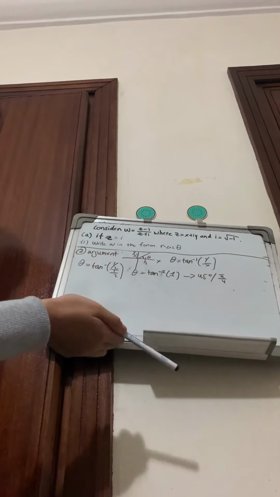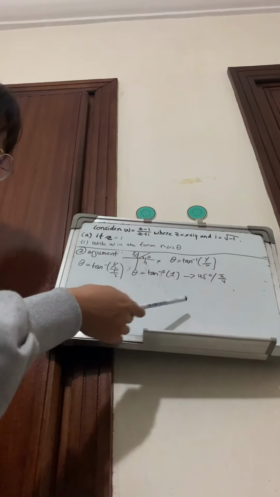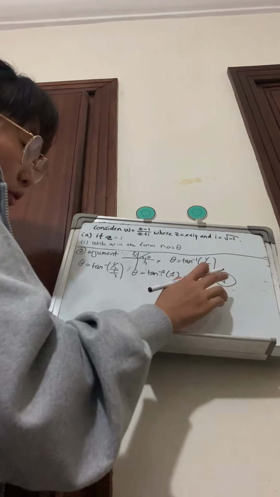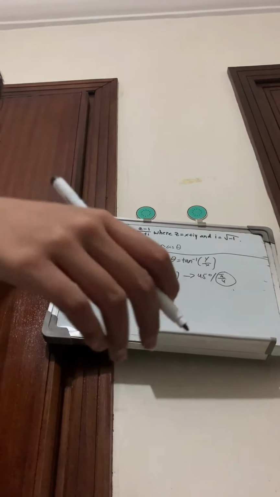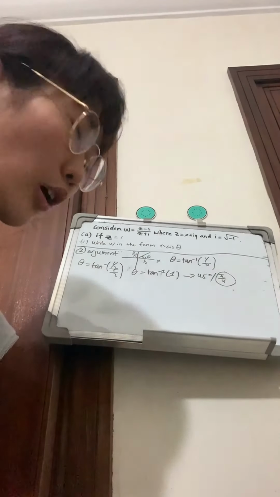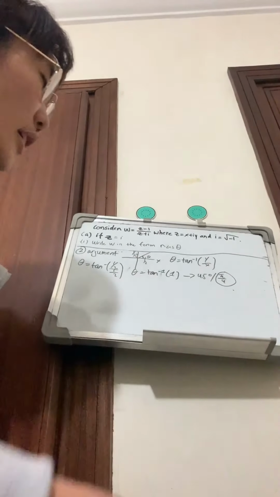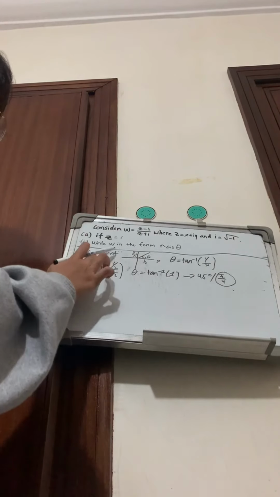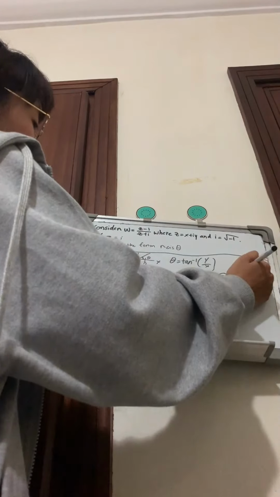But in polar form, we always want our values to be in radians. So in this case, we're going to keep pi over 4 as our answer. Okay, now that we have our argument, oh, by the way, you get another point if you correctly identify both the argument and the modulus. So plus 1 point here.